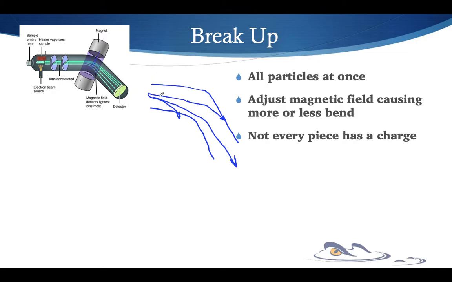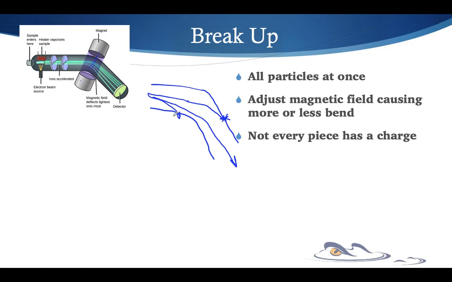We can vary the amount of magnetic field that we have here, and that causes the particles to bend either more or less. So they would run through different magnetic field strengths, and that would make it so that different particles would collide with the detector. So if they want to get a reading on this one, of course, they would have to increase the strength of it, right?